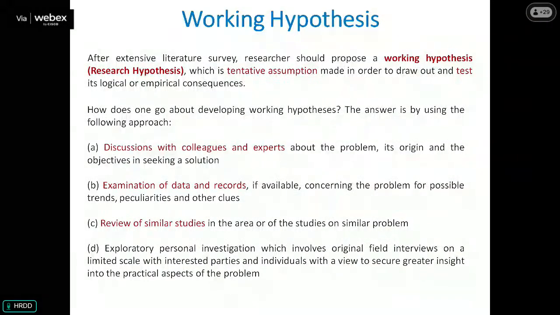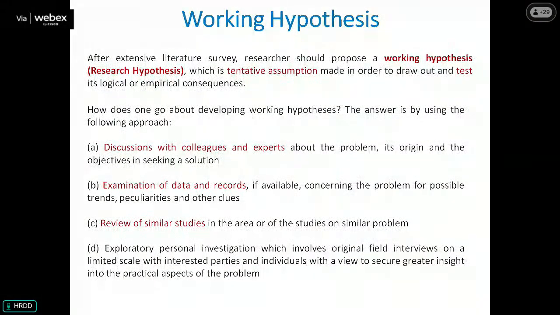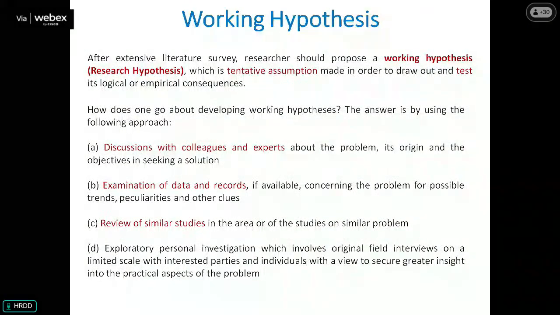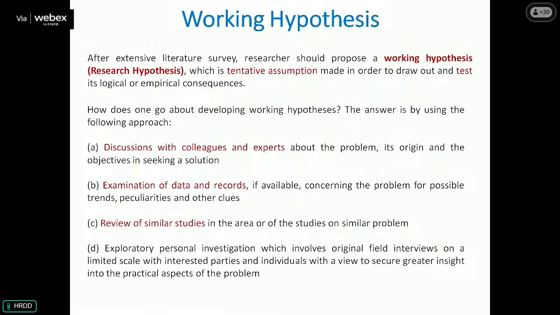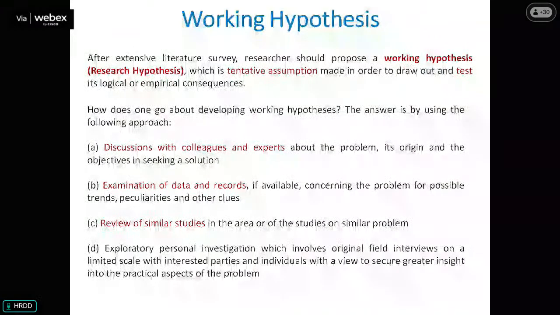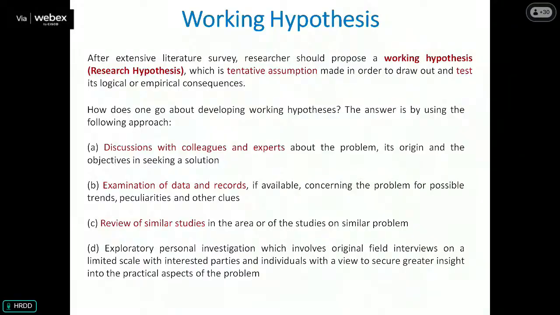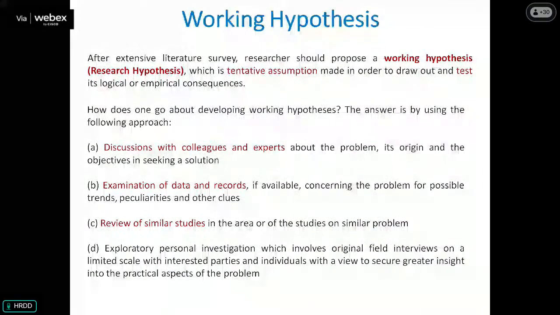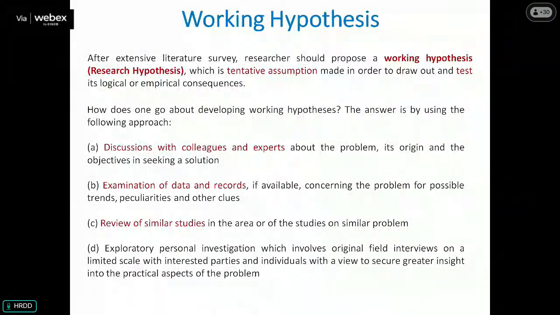We discussed in the HBNI protocol, there is a doctoral committee who will evaluate your progress every time. So your experts in your field will always be there to help you at every stage. Examination of data and records means literature review, review of similar studies, and exploring personal investigation of other authors, like original articles.